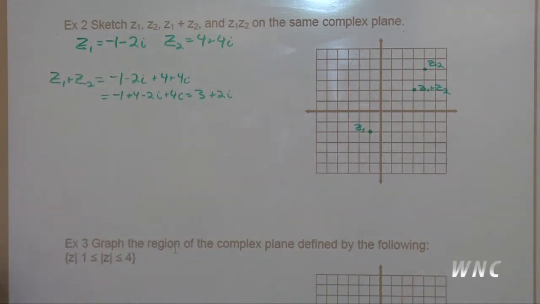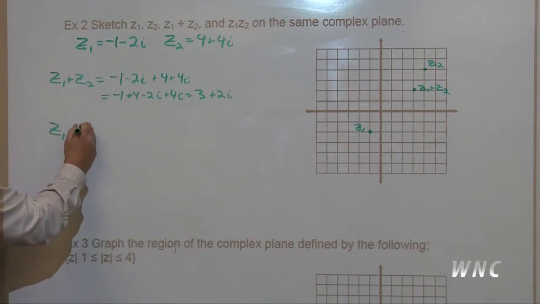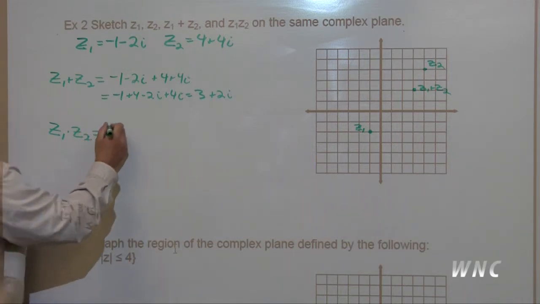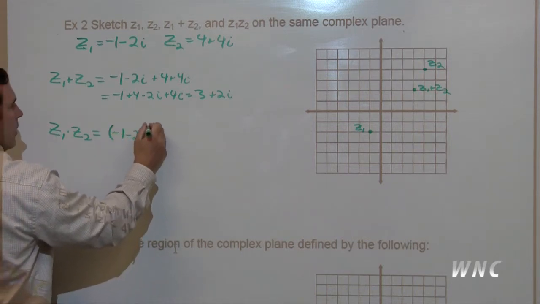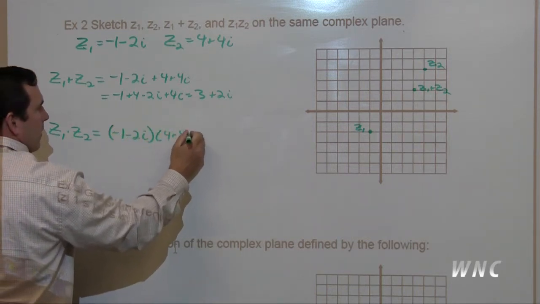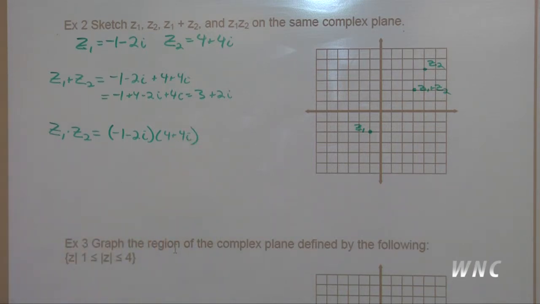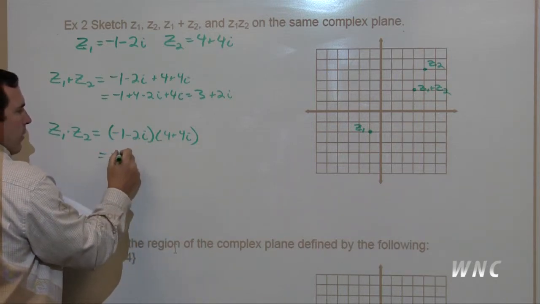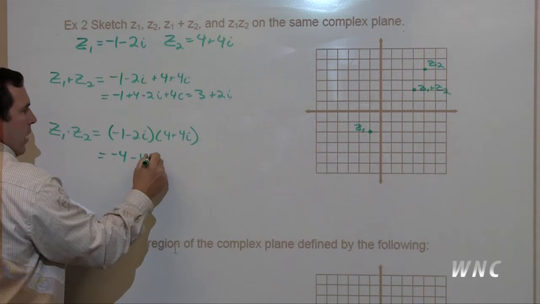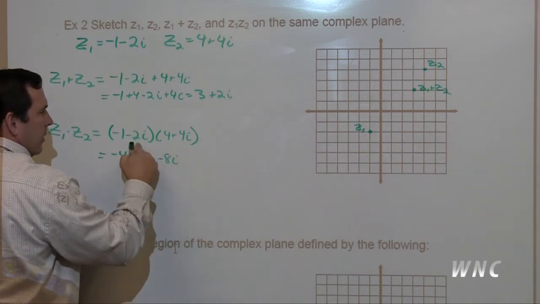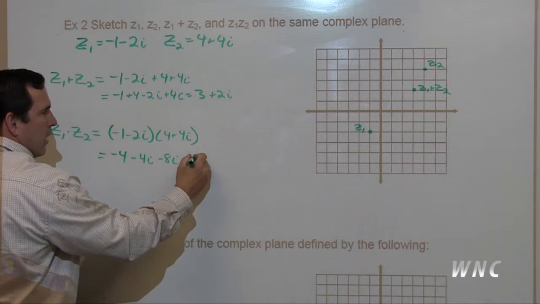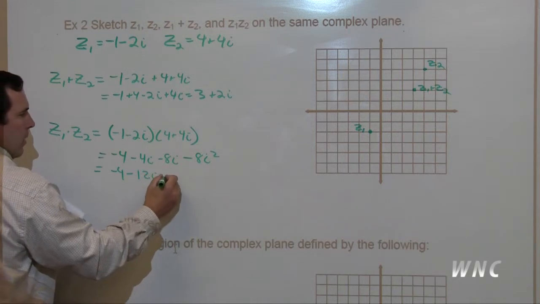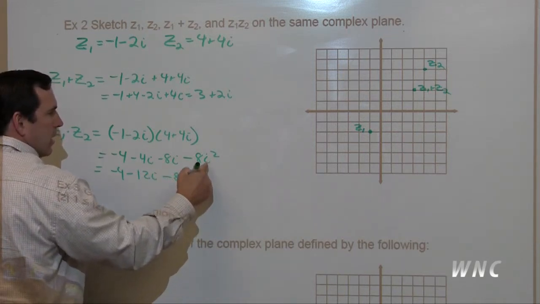So 3 plus 2i, this is z1 plus z2. Now we want z1 times z2. That'll be negative 1 minus 2i times 4 plus 4i. We can FOIL this out. Negative 1 times 4, negative 4, minus 4i, minus 8i, minus 8i squared. So it's negative 4 minus 12i, minus 8 times negative 1, because i squared is negative 1.